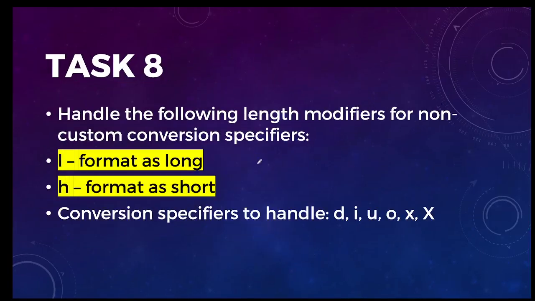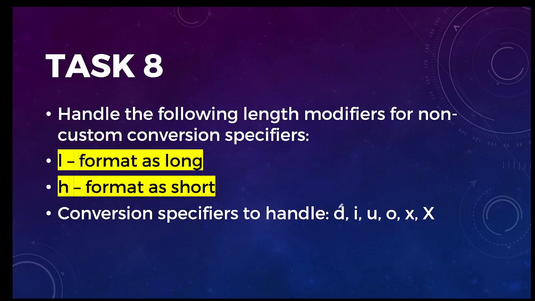Then finally, the other flags that you're supposed to handle are the L and the H. When you add an L to the format specifiers d, i, u, o, x and then the capital X, it formats it as a long format. So %d is an integer.